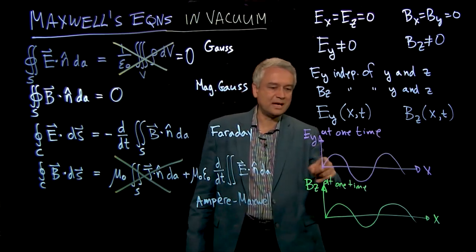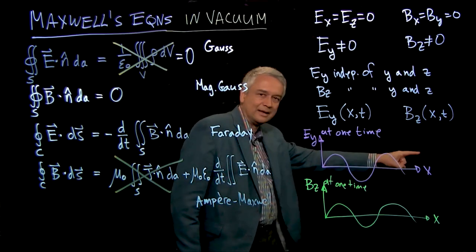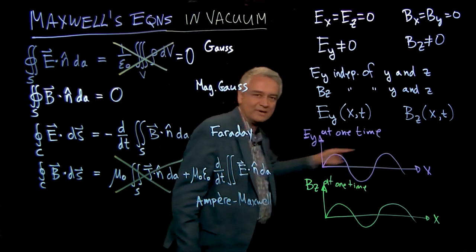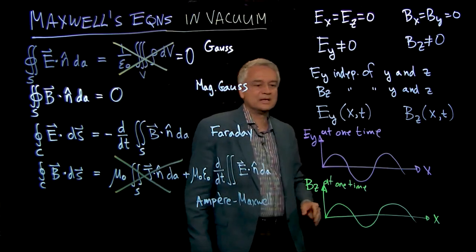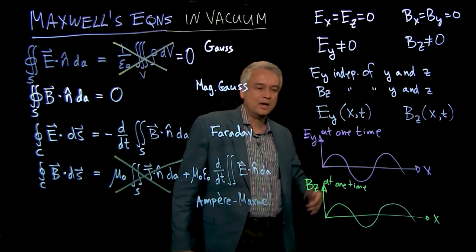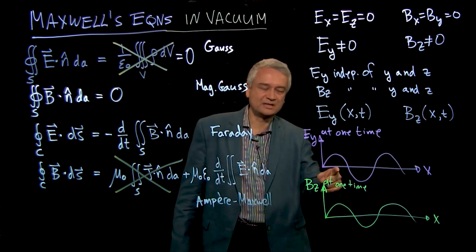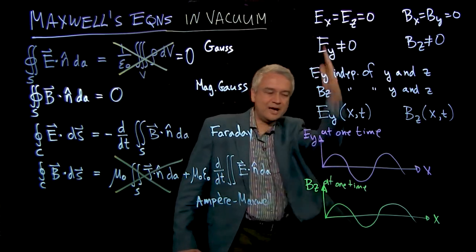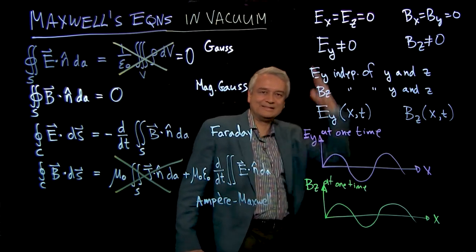But remember that this is telling you the value of EY, not just along one line like this, but along any axis in the x direction, whether it's here or here or here or here, because the value of EY is completely independent of Y and Z, which means that the fact that EY is positive at this value of x, what it's telling you is that there's an entire plane in a YZ plane at this value of x.